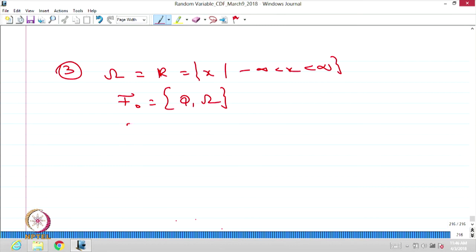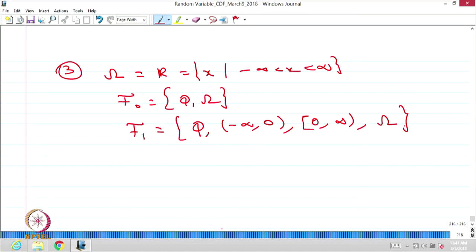We can go for a non-trivial sigma field F1 consisting of the empty set, the open interval minus infinity to 0, the other element, the closed interval 0 to infinity, and then the whole set. You can verify the whole set is one of the elements, and the second condition is that the complement of every element also belongs to the same collection.